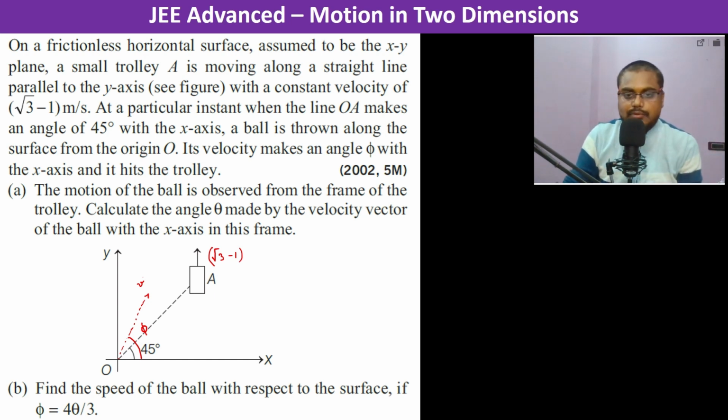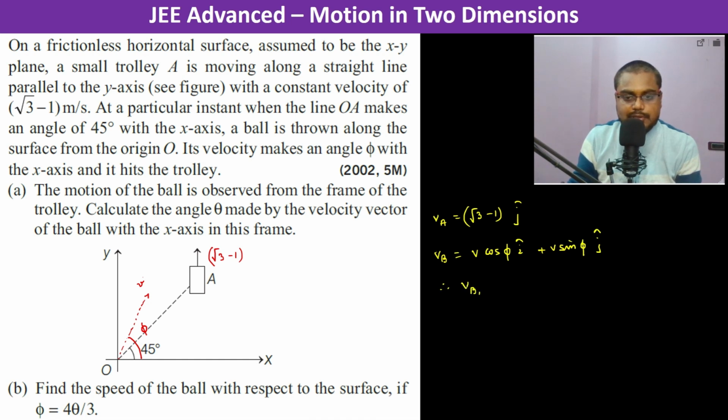So we can write that the velocity of A is root 3 minus 1 j. Velocity of the ball is v cos phi i cap plus v sin phi j cap. Therefore the velocity of the ball with respect to A is v cos phi i cap plus v sin phi minus root 3 plus 1 j cap.